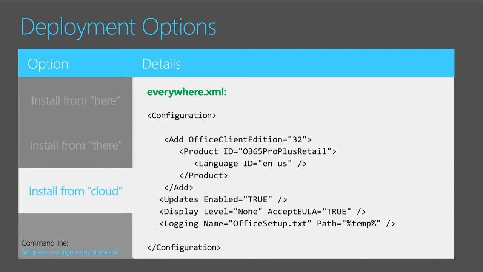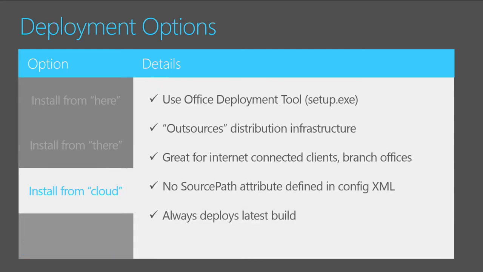Now, this is only for initial deployment. It's not for updates. If you're controlling how your updates go out to your organization, we certainly don't want it to revert back to the cloud and get the latest one, which is not certified by your organization. So this is just for initial deployment, so keep that in mind. OK.